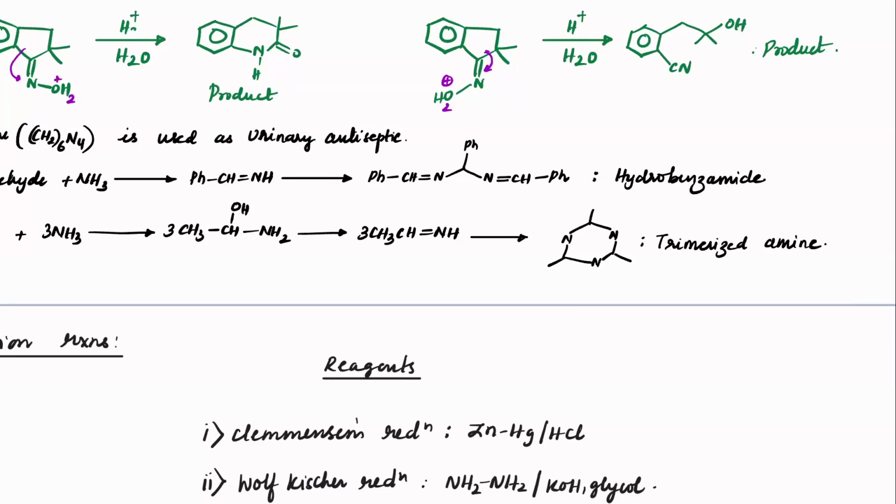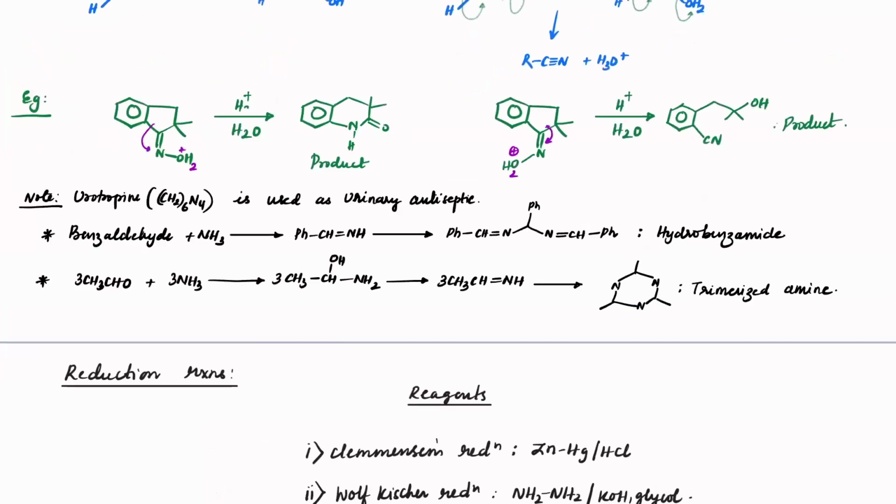These are very special reactions, so just remember them directly. So 3 reactions: one is with formaldehyde, benzaldehyde, and acetaldehyde. Formaldehyde will give you the most stable form as erythropine. Benzaldehyde will give you hydrobenzamide, and acetaldehyde will give you the trimerized amine.